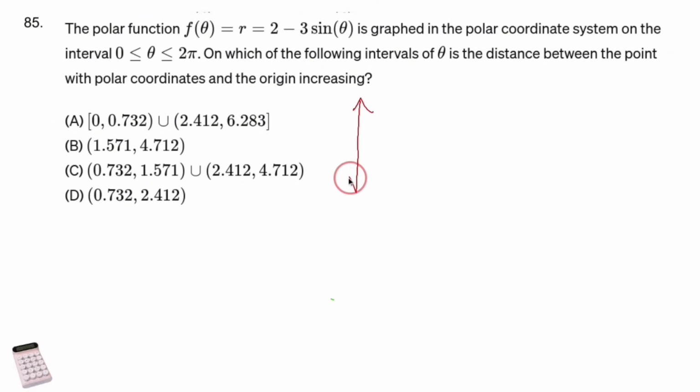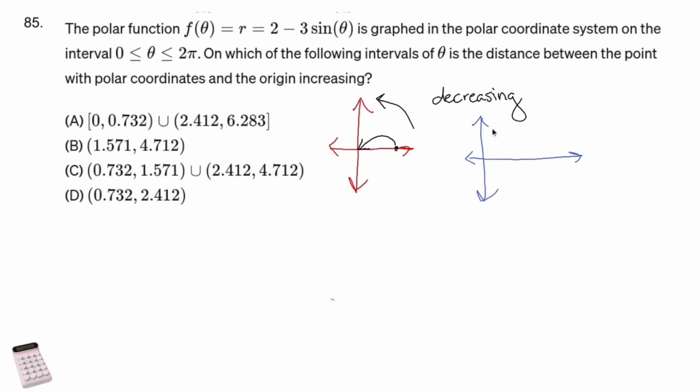If you were given a polar graph, and you start graphing the polar graph, and you start way out here, and as you move counterclockwise, it moves its way in, your distance is decreasing. What that looks like on the rectangular system is you start up here and you work your way down.